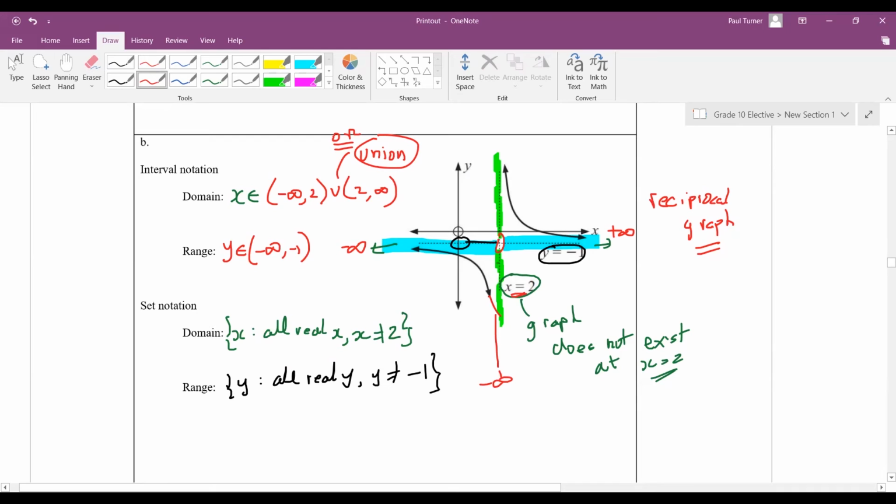Come up until here. You can't go and touch this line here. So minus infinity to -1, union -1 to infinity, positive infinity up here. Hope that makes sense. And I don't include -1, so I use the curved bracket in both cases.